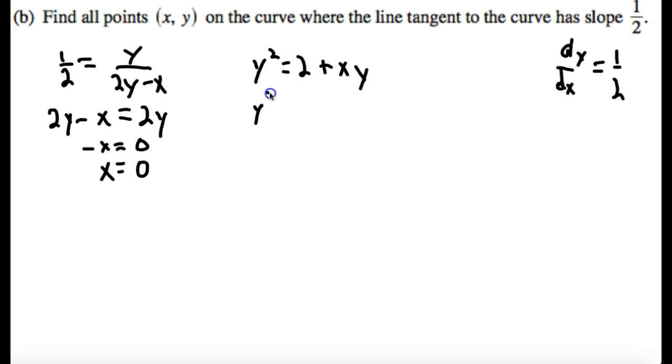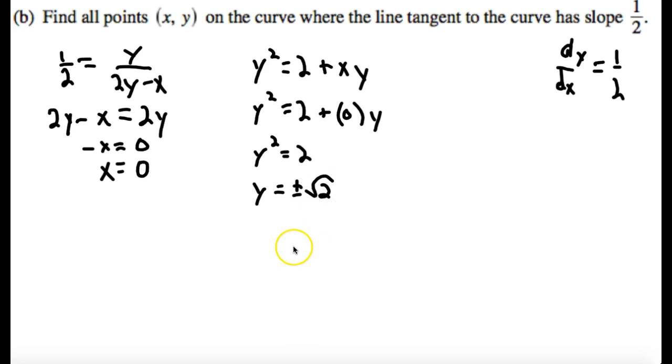So when I do that, y squared equals 2 plus 0 times y. Well, obviously then this just becomes 0, and I get y squared equals 2. Take the square root of both sides, and I get y equals plus or minus the square root of 2.